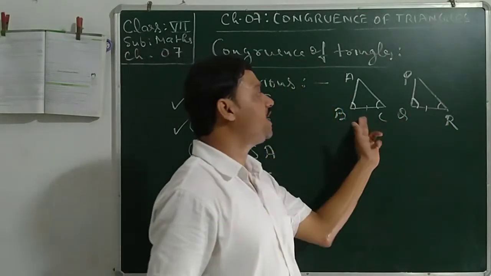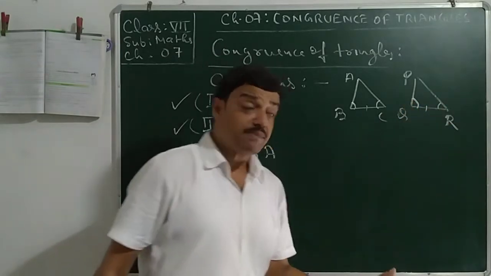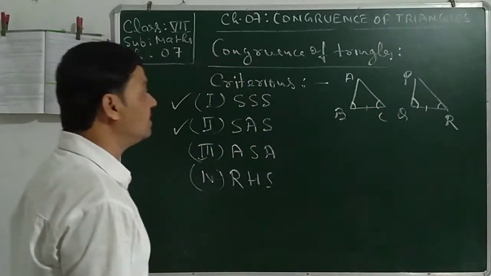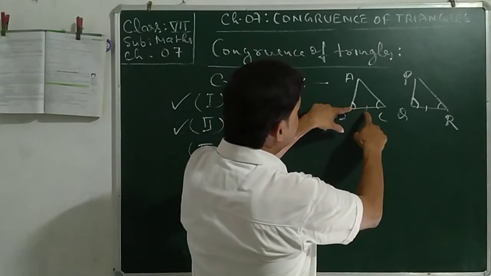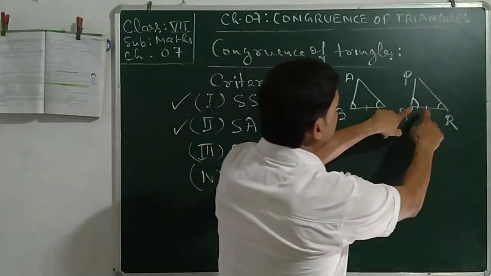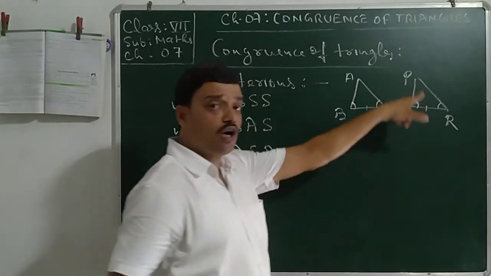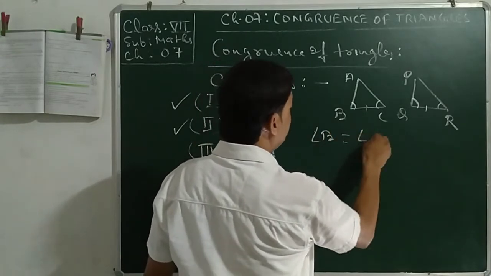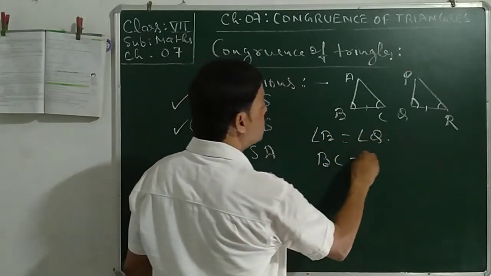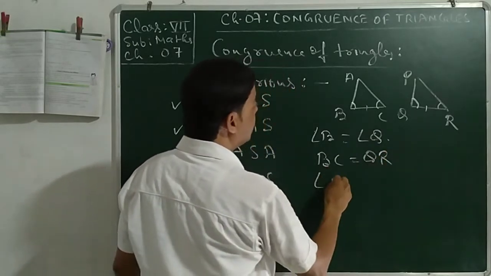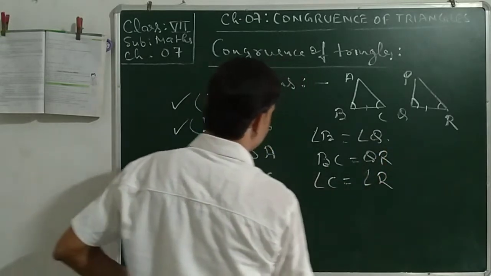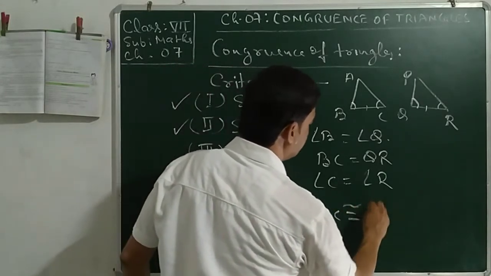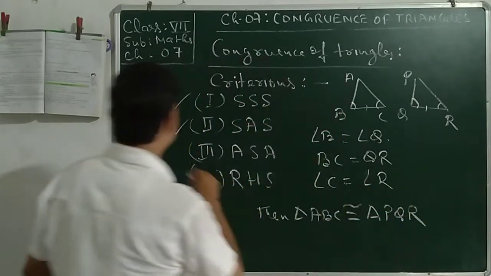That means corresponding angles and corresponding sides. The side which matches must be included between these two angles which are matching here. Then if you take this angle, this side and this angle on this, and this angle, this side and this angle, then it will not work. So it will be if angle B equals angle Q, BC equals QR, and angle C equals angle R. Then we can say triangle ABC is congruent to triangle PQR. This was the third condition.